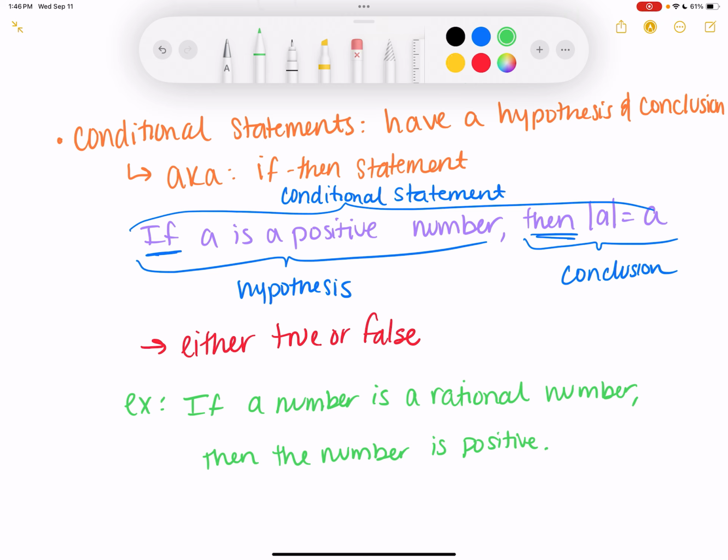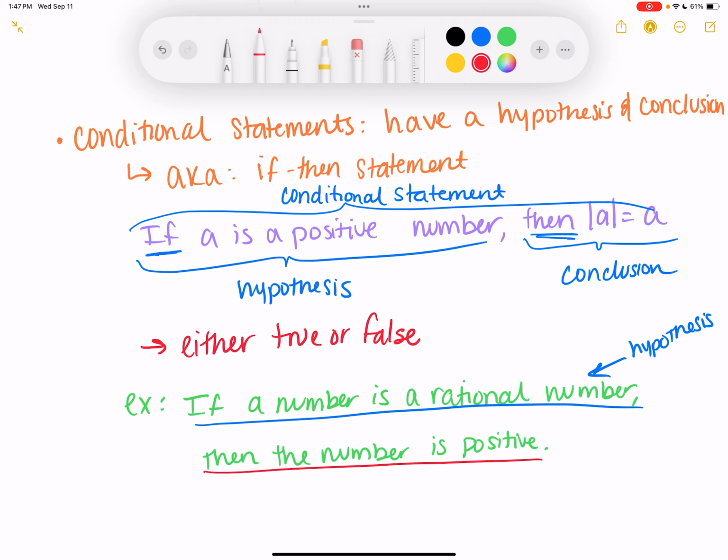If a number is a rational number. Yep, so this part right here, this whole statement piece, is the hypothesis. What is the conclusion? This whole piece. This is the conclusion. Is this statement true or false?